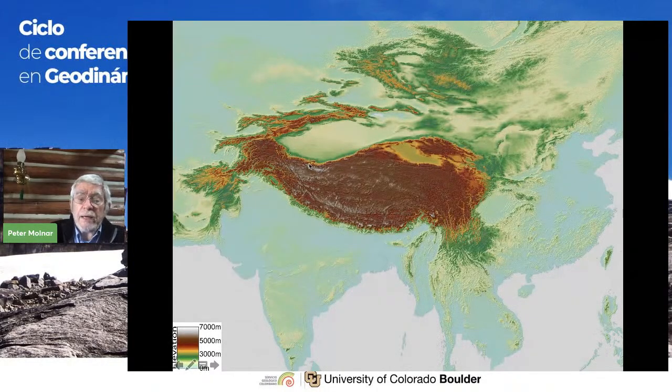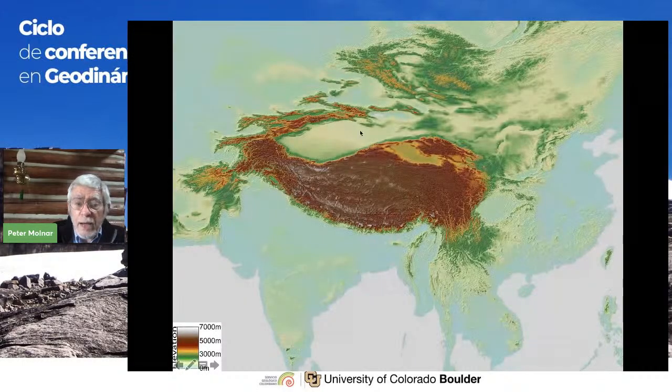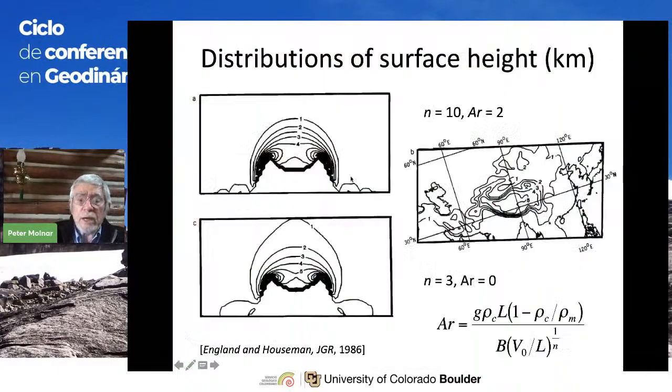And so if we apply this to Asia, what they've done is put a boundary that looks a bit like the northern edge of India, as I've shown you here, the northern edge across like this, and everything is oriented not north-south, but north-northeast, south-southwest. In one case, with a very large value of n, but a reasonable value of the Argand number, you have localized deformation, largely because n is large.